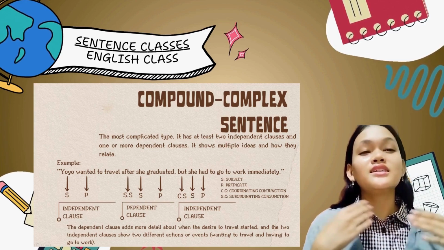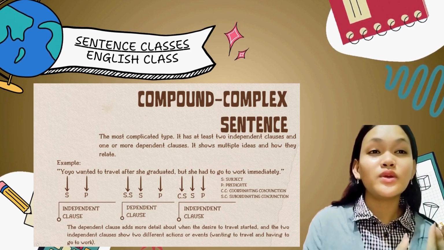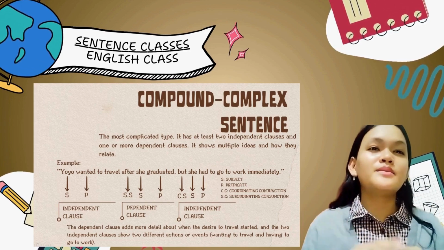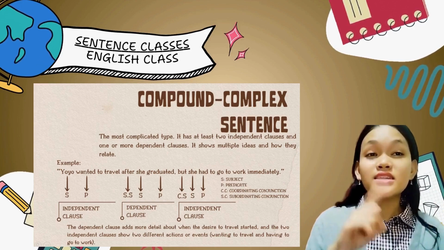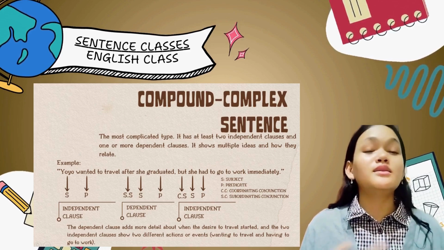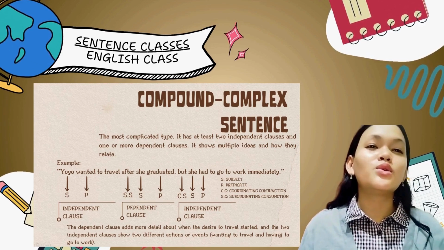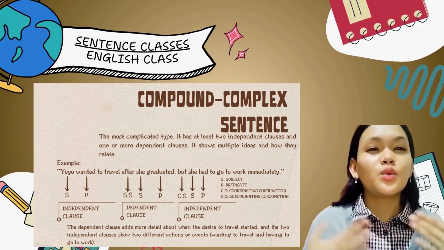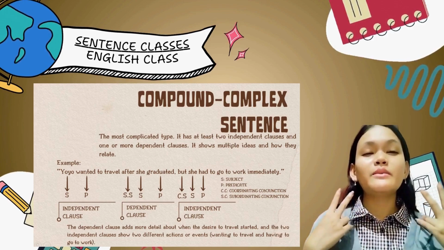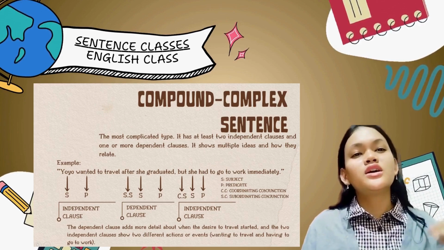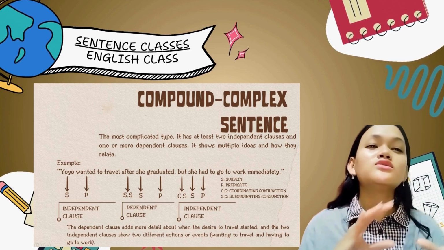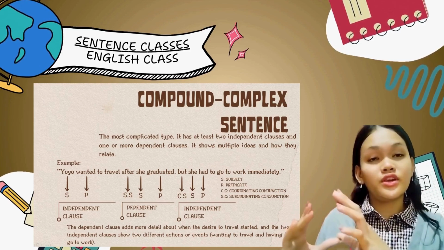And then the second independent clause has the coordinating conjunction but plus the subject she and the predicate had. The dependent clause adds more detail about when the desire to travel started, and the two independent clauses show two different actions or events: wanting to travel and having to go to work.